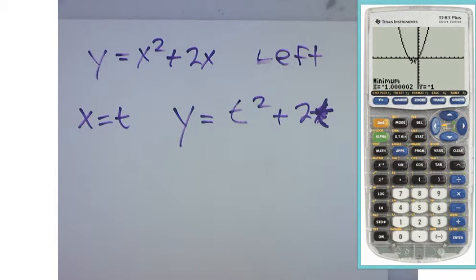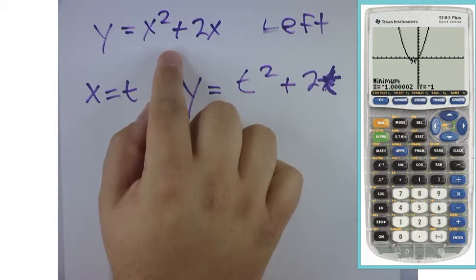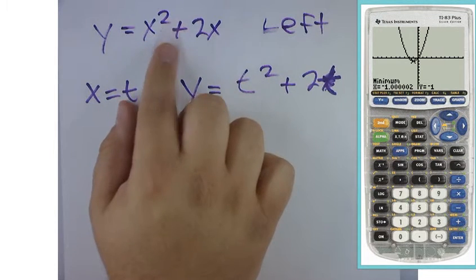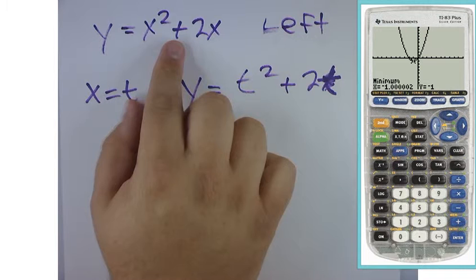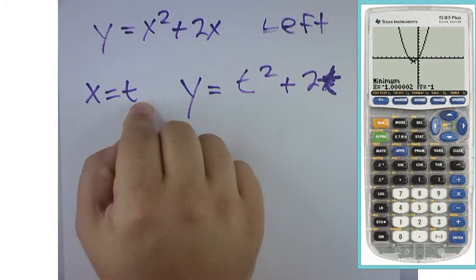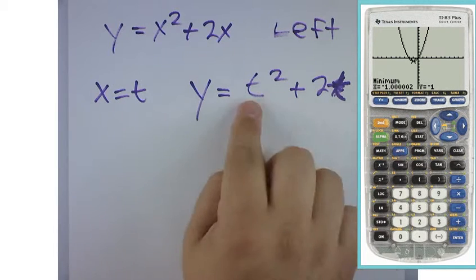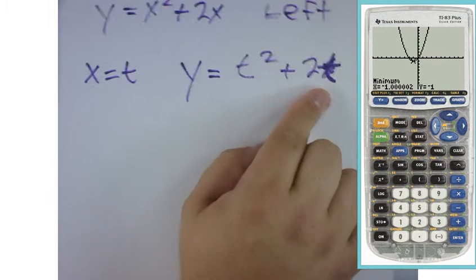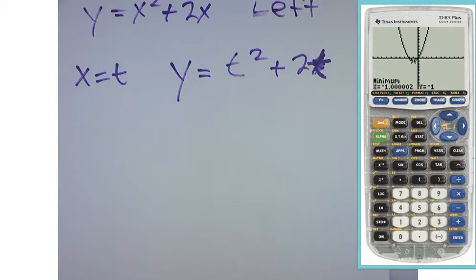Hey, that was kind of easy. Now I could have set y equal to t and then solve for x. You know why I chose x equals t? Because this was a quadratic and that's a lot of work. So this time Mr. Adams chose to let x equal t because then I could just plug in my t's for my x's to get my y parametric equation.